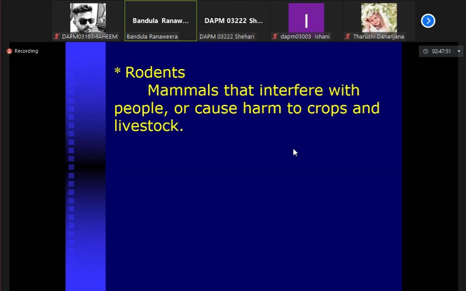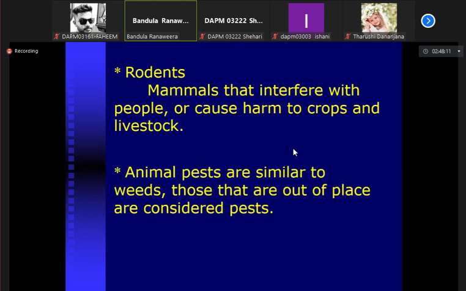And at the same time, squirrels. Giant squirrels. Yes, another group of mammals. Actually, the giant squirrel is a mammalian species that is damaging our crop.